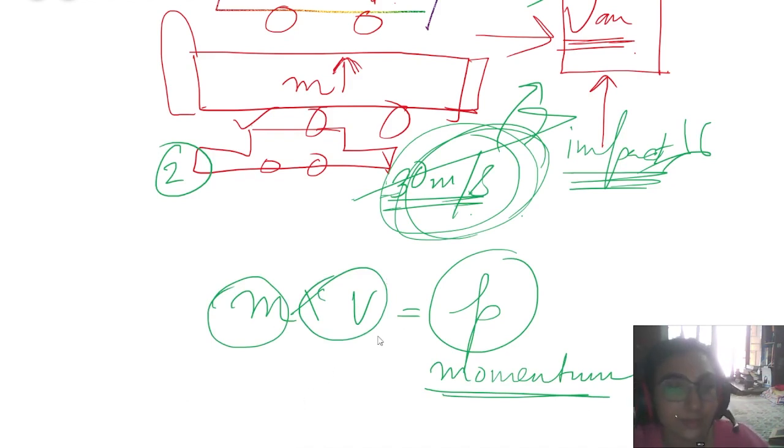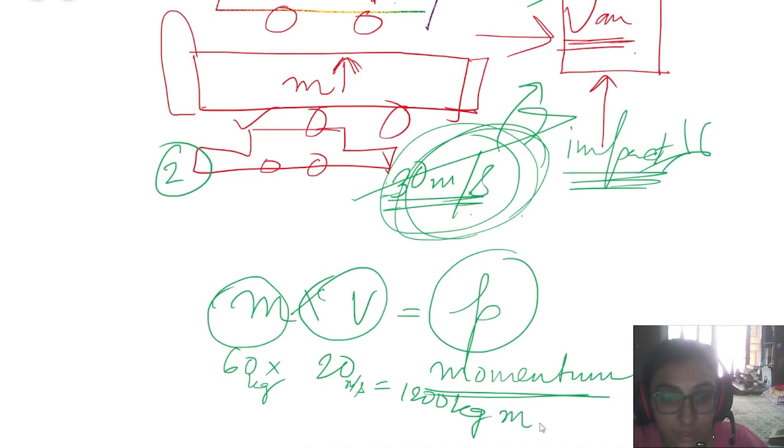So now we can take the example of the truck and a car again. Even if the truck had a mass of 60 kgs and a velocity of 20, the momentum would have come to 1200. What is going to be the unit? Kg meter per second. So it will be 1200 kg meter per second, right?